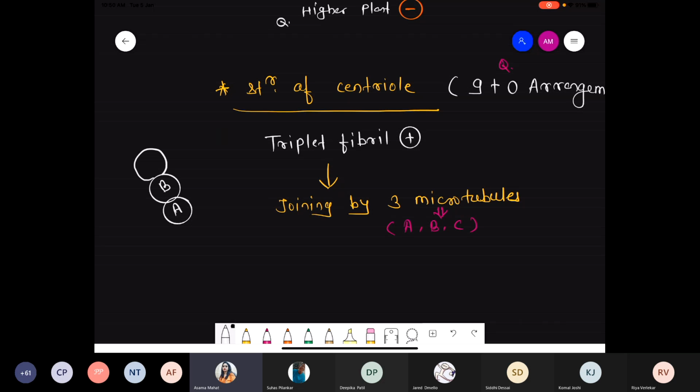Now this entire structure represents a triplet structure, called the triplet fibril. So A, B, C are the three microtubules associated with the centriole structure. A joined with B, B joined with C, and after the joining this typical structure is called the triplet fibril.